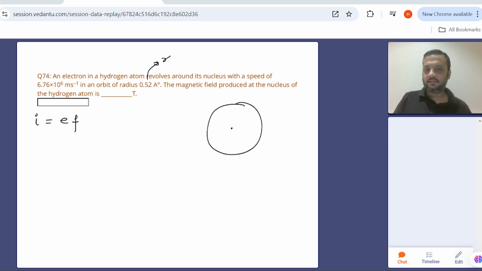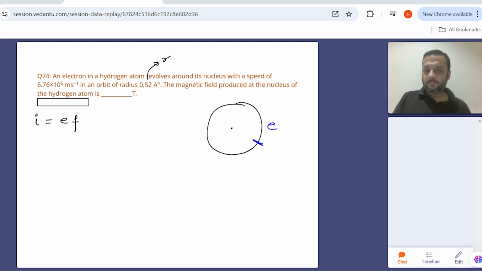You can think like this. Basically, what is the current? Current is the charge crossing per unit time at any cross section. So for example, if I want to find the total current flowing in this circle in which the electron is moving, let me focus at this junction and try to assess how much charge is crossing this junction per second.